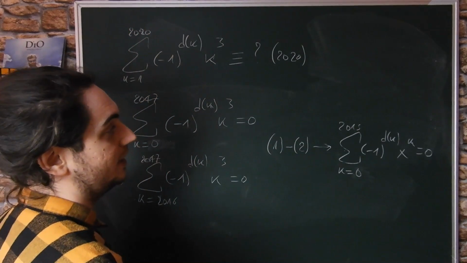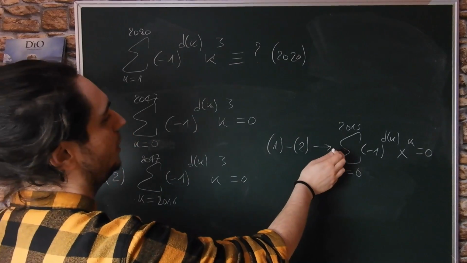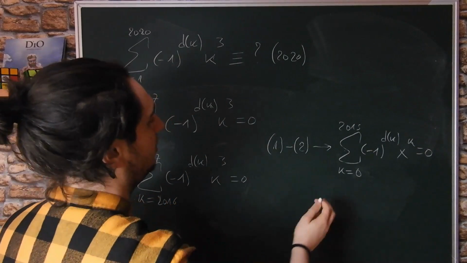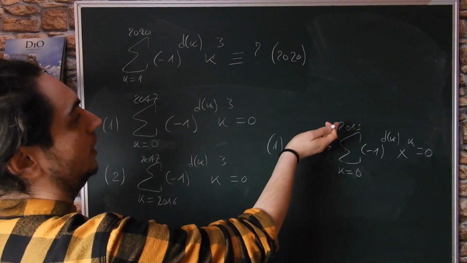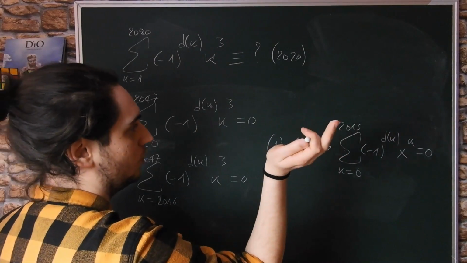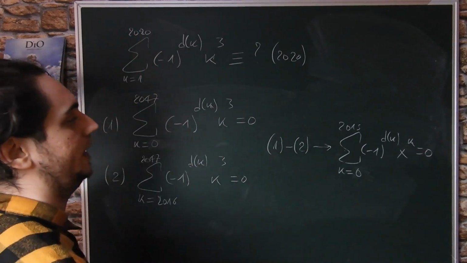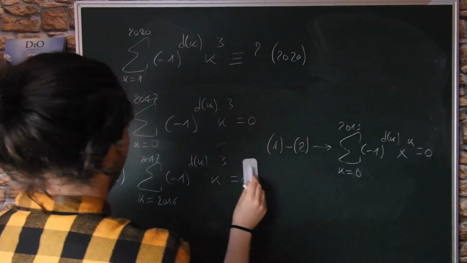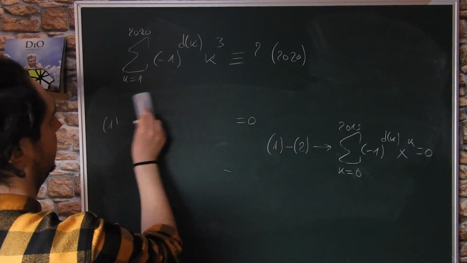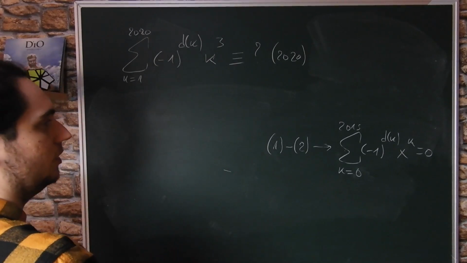So we are only interested in evaluating this particular sum for the terms which start from 2016 and end at 2020. So let me finally erase this part of the board.